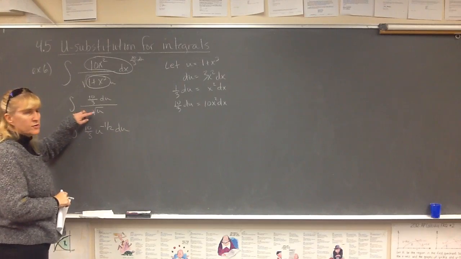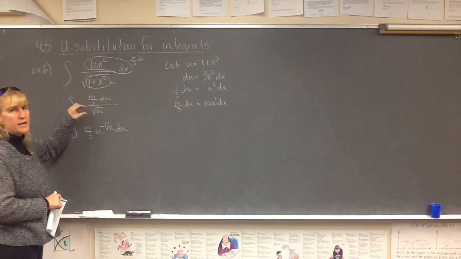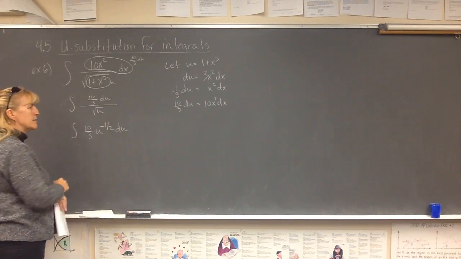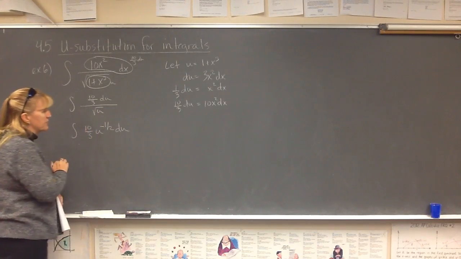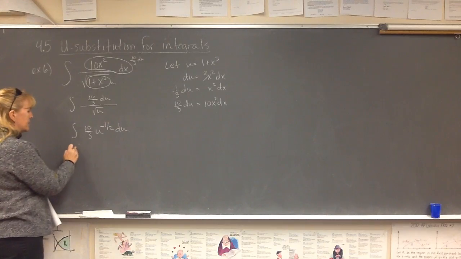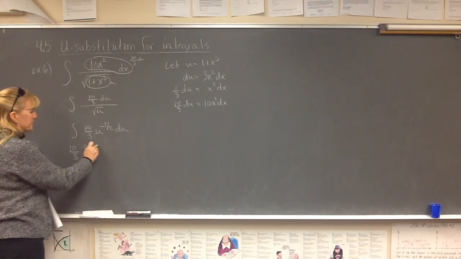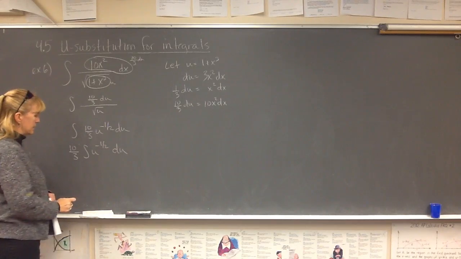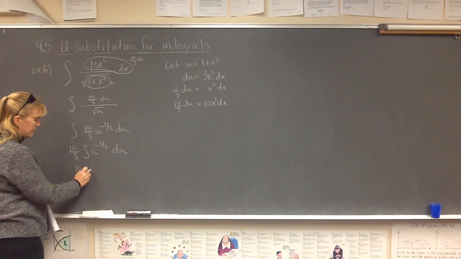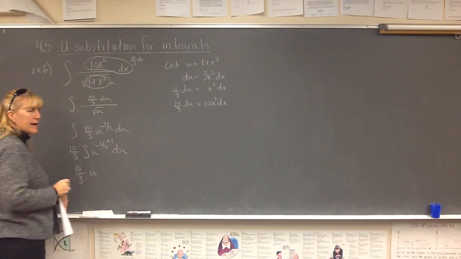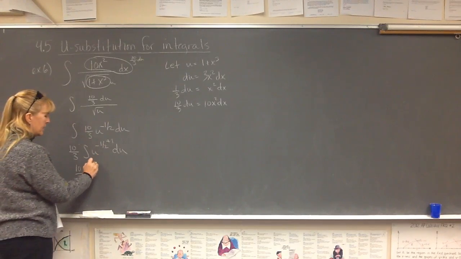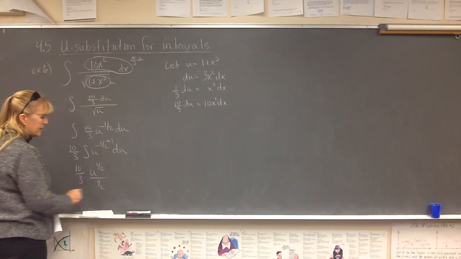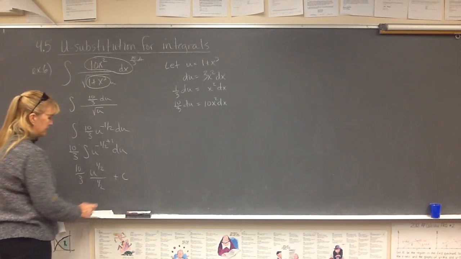Negative 1/2 because, of course, the square root symbol is on your denominator, but I would like to use it as a power rule, so I'm going to bring that up to the numerator and put a negative symbol on my exponent. 10/3 is coming outside, u to the negative 1/2 du. So I'm going to copy my 10/3. This is u to the, what do I get when I add 1 to a negative 1/2? I get a positive 1/2 divided by a positive 1/2 plus c.